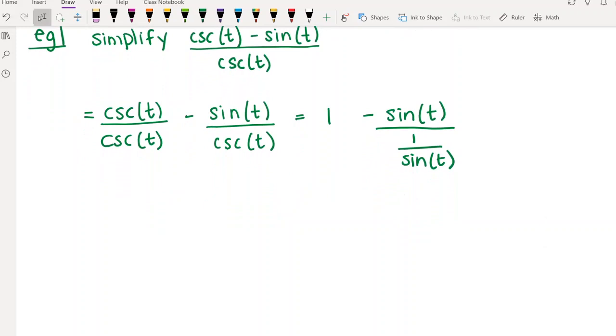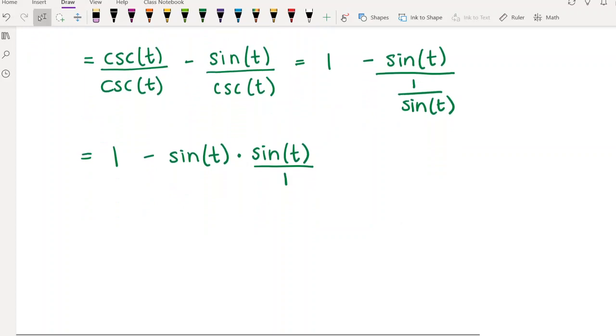And then, sine of t divided by 1 over sine of t is the same thing as sine of t times sine of t over 1. Right? So dividing by a fraction is the same as multiplying by the reciprocal of that fraction. So we're left with 1 minus sine of t times sine of t, which gives us sine squared of t.